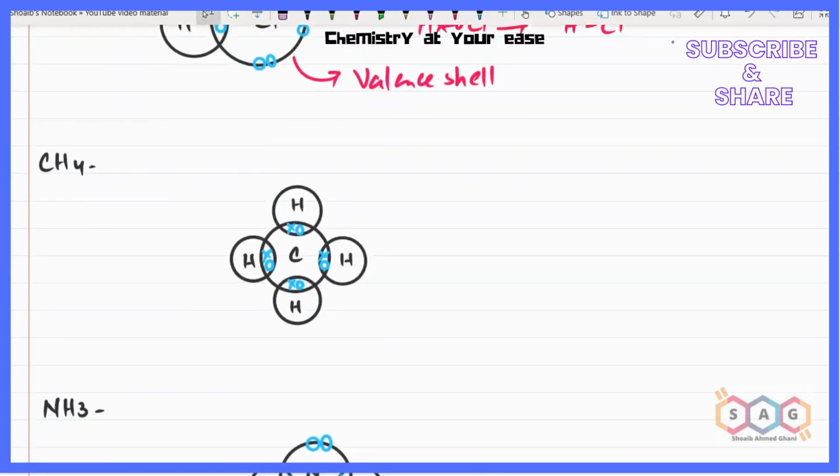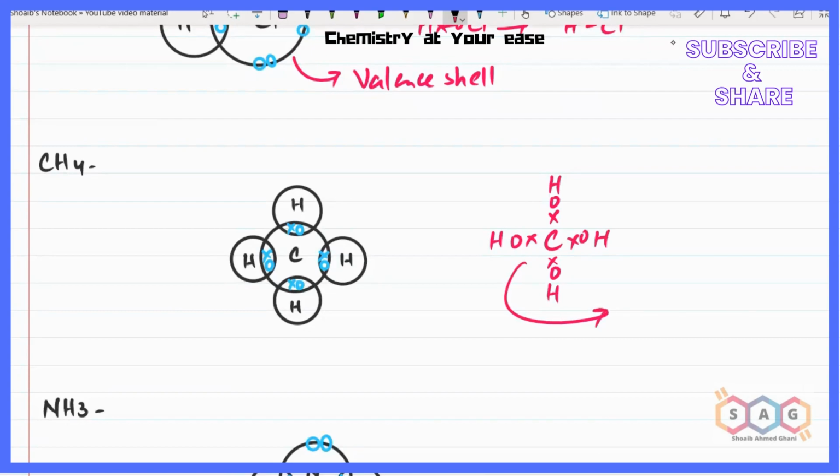Now the next example is CH4. Carbon has a valency of 4 electrons. A single hydrogen can't complete the requirement of carbon to complete its octet. So the 4 hydrogens give their one electron each to the carbon and make single covalent bonds with the carbon atom.